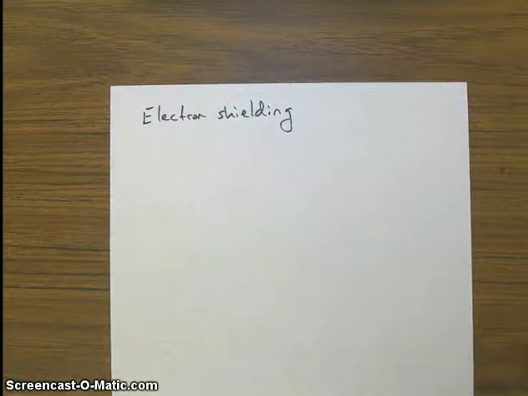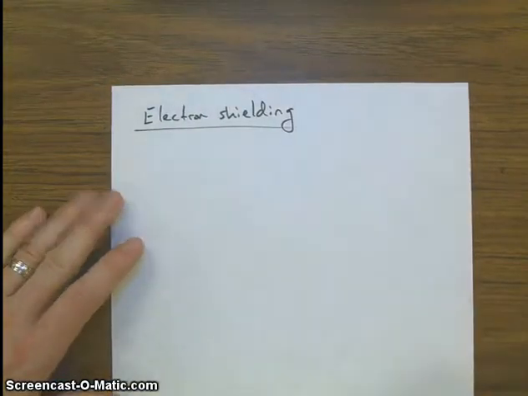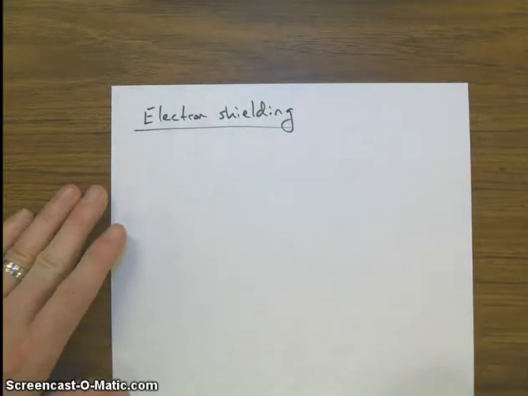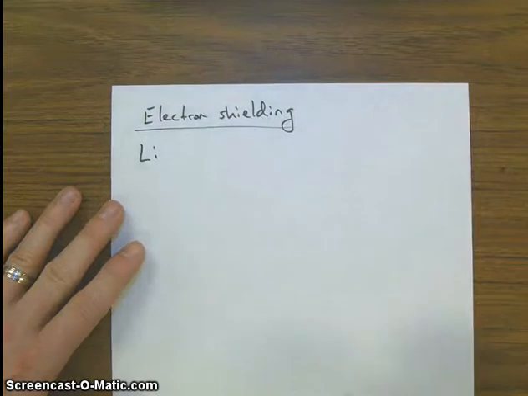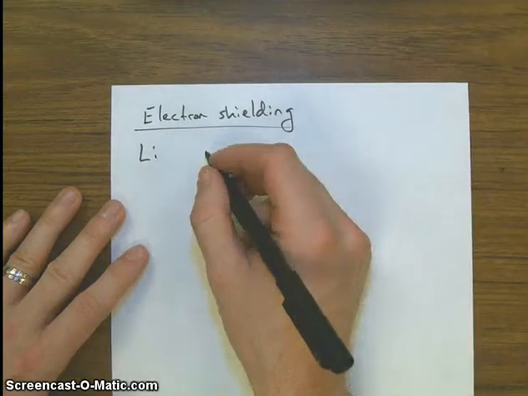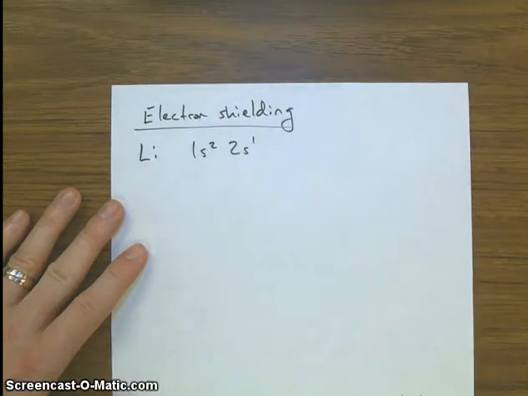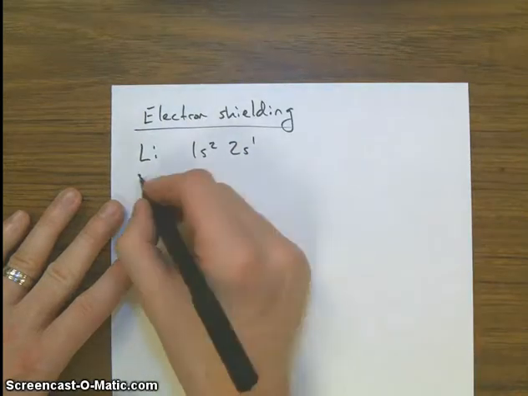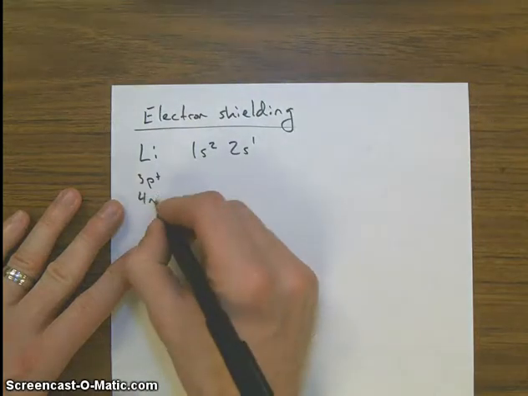So I'm going to draw a picture for electron shielding to help you understand it. I'm going to draw out an atom like lithium, okay? And lithium has an electron configuration, which I'm going to write out the long way, of 1s2, 2s1. And lithium has 3 protons, and I believe it has closer to 4 neutrons, depending on what isotope of lithium you're working with.